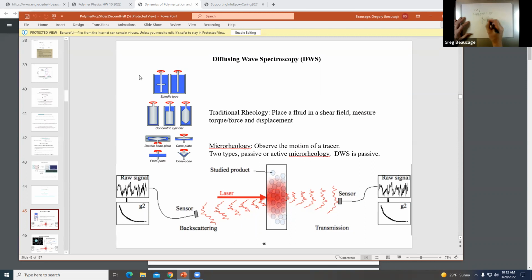So the first thing is: where does that come from? Why does it follow that form? Let me see if I can do it offhand.